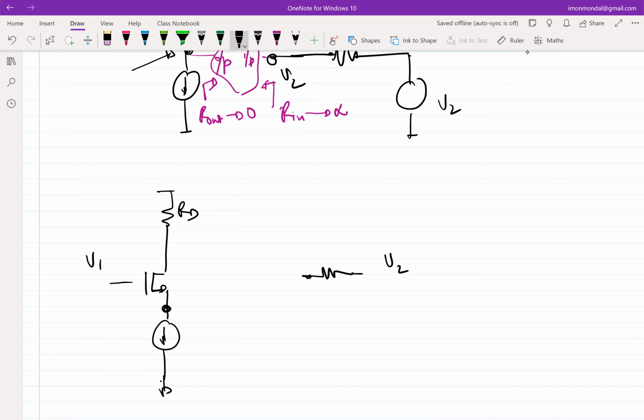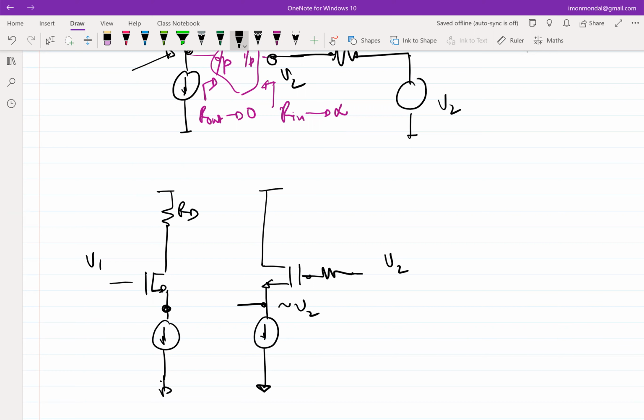We wanted V2 to appear at this node. So all we need to do is pass it through a voltage buffer. And this will be approximately V2, right? If you assume GM to be very high and all those things. So we have done this. So this will be a source follower or voltage buffer or a voltage controlled voltage source, you name it.